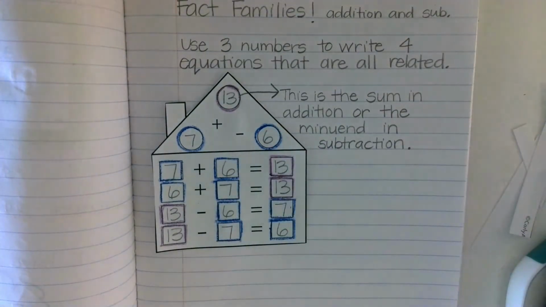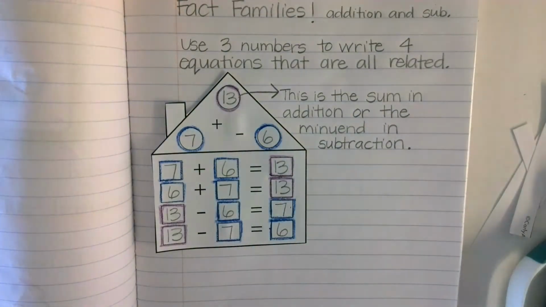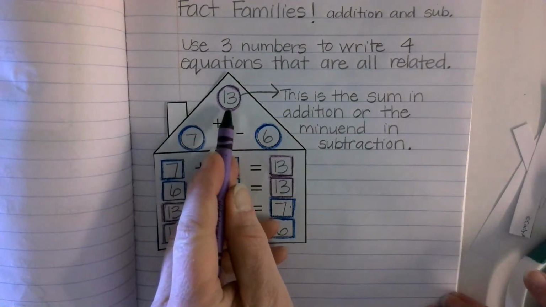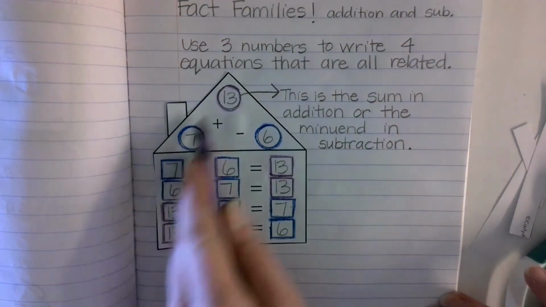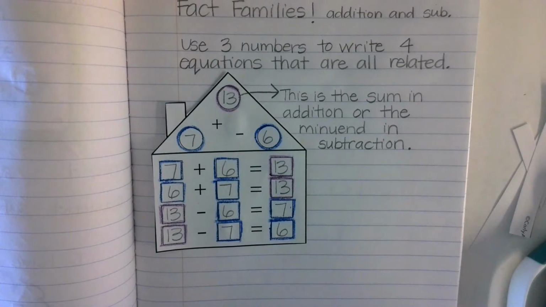Okay. So that top number in our roof is the sum in addition or the minuend in subtraction.